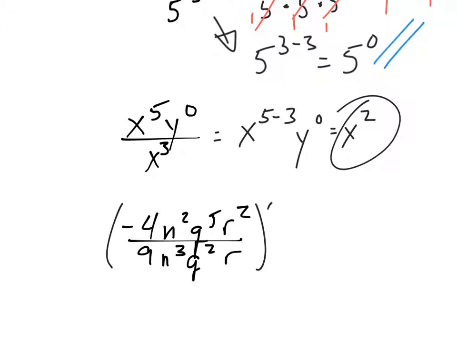Let's raise the whole thing to the 0 power. What do I get? Yep, I just get 1. No matter how complicated that is, the whole thing was raised to the power of 0. Because the whole thing is raised to the power of 0, we just get 1.